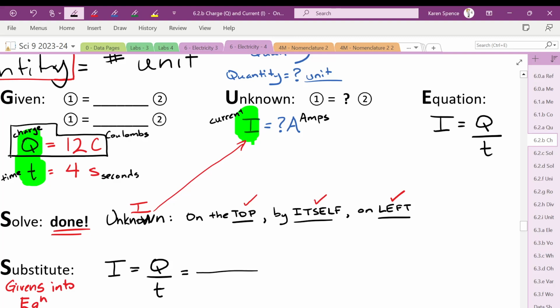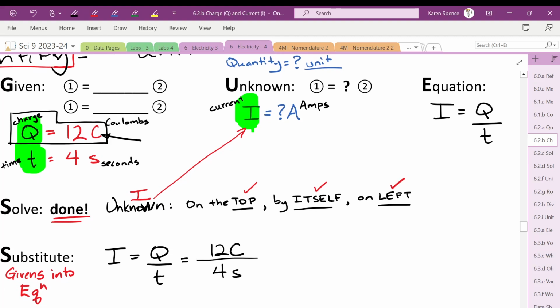We've got charge. So that would be how much? 12. And we also have to include the unit. So 12, what's the unit for 12? Coulombs. Now we want to plug in the time. How much time? 4 seconds. Okay. So that was substitute. So that's the GUESS all done.